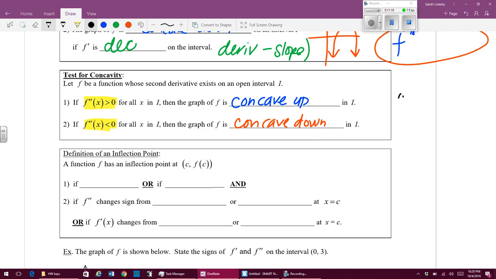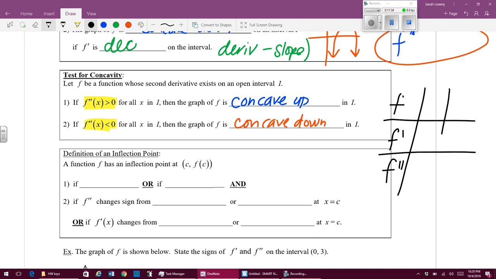So now I have f prime, f double prime. And really, what's going on here is a couple of different relationships that are super important. And I'm going to run out of room, okay?